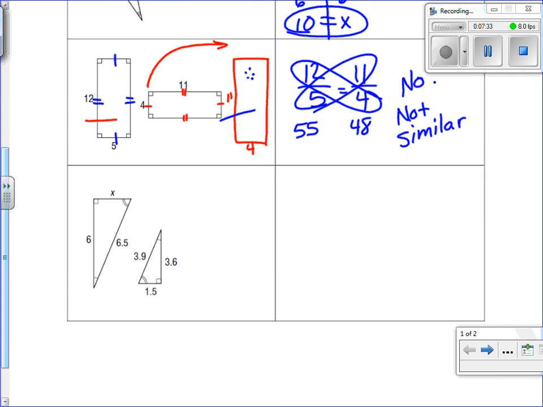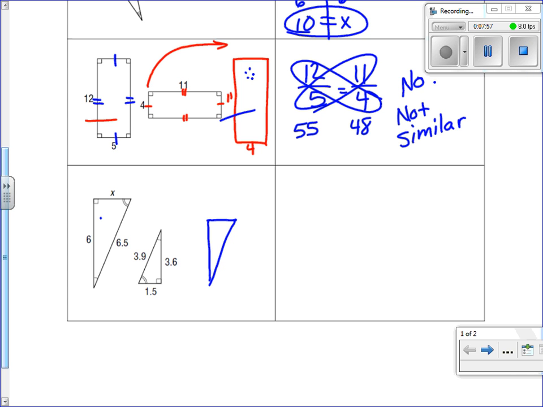Now this is where we really need to make sure that we're seeing this and we're lining it up so it's exactly right. So I'm going to draw this little triangle here. I'm going to redraw it just like the big triangle, okay? So I have it like this and this and this. Does that make sense?